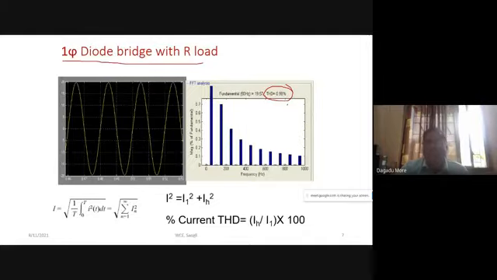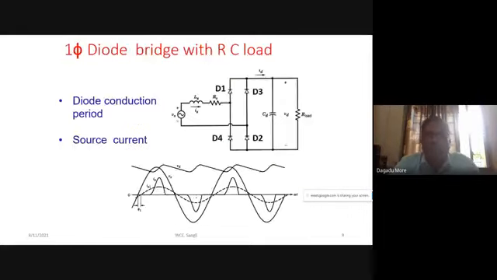THD of the source current will be less than 1%. When the waveform is purely sinusoidal, our THD will be almost 0. I forgot to put a slide here. In tomorrow's lecture we will discuss in more detail how to find the THD.